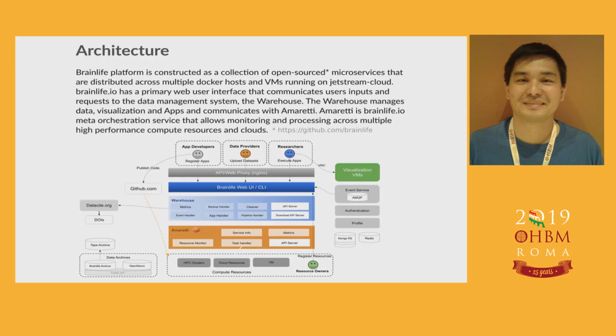So a little bit on architecture. There's nothing magical here. We basically have a collection of open source microservices. Most of these interfaces interact with what we call the warehouse service, the blue box there. We also have a group of services called Amaretti, which is responsible for interfacing with the actual computing resources, taking care of data transfer, things like that.